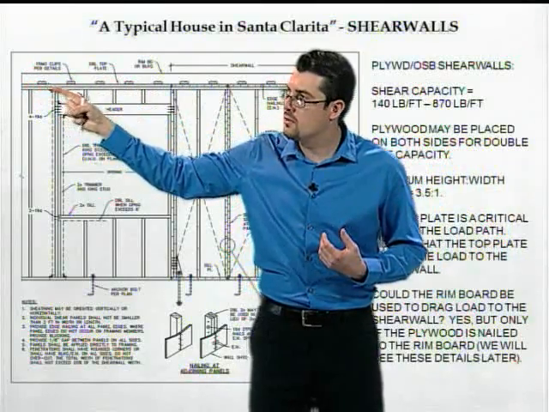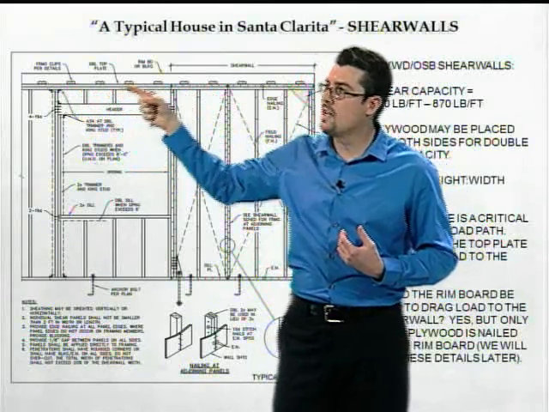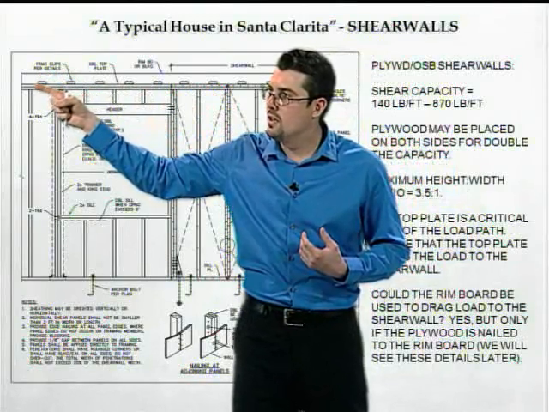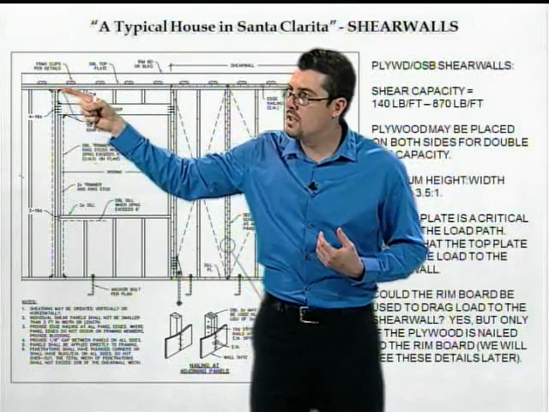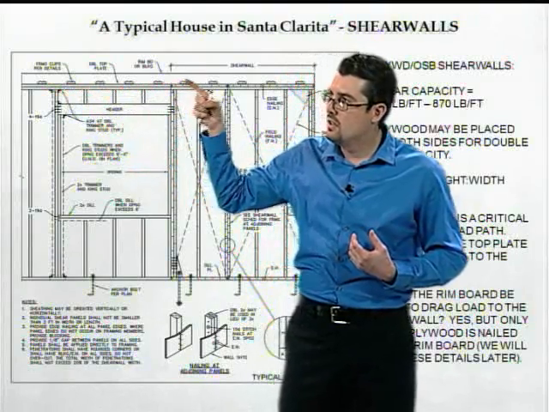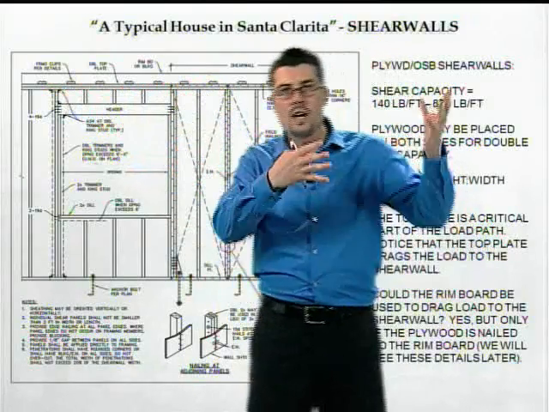And then the plate has to transfer that force over to the shear wall. So that's our chain. That's a link in the chain, the connector. Then the top plate is a link in the chain. If the top plate is spliced, that's a link in the chain. And then it goes through the nailing and then goes into the shear wall. And so that's our chain.